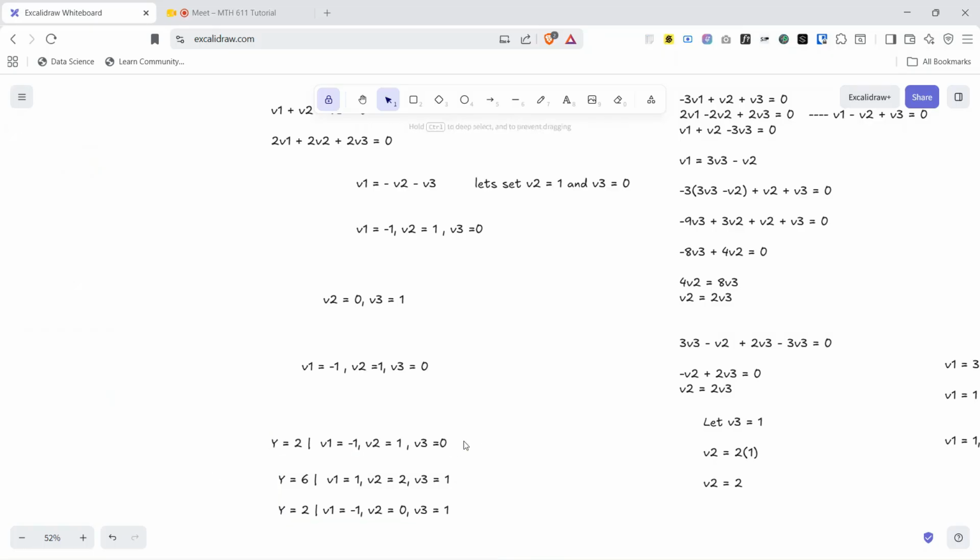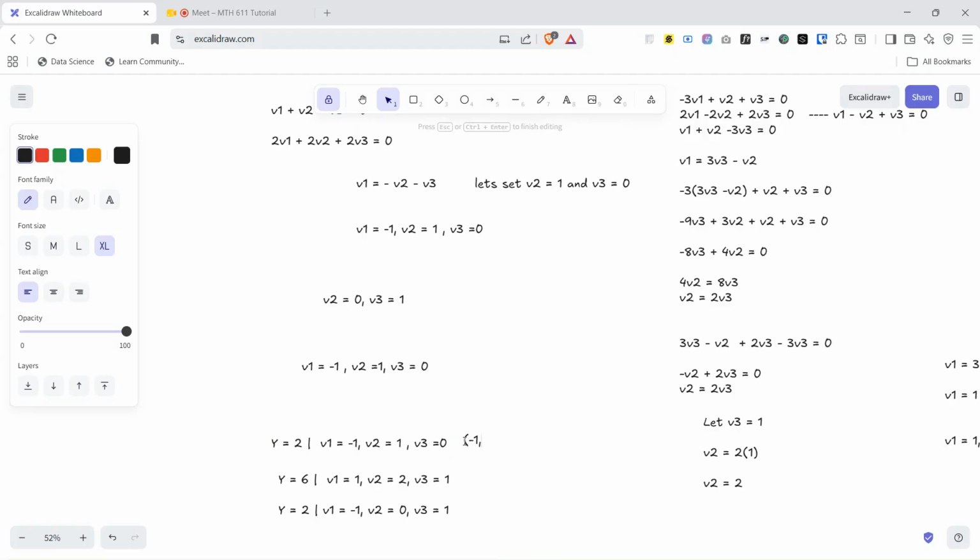I think you are now meant to write it as minus 1, 1, 0, then 1, 2, 1, then minus 1, 0, 1. Yep.